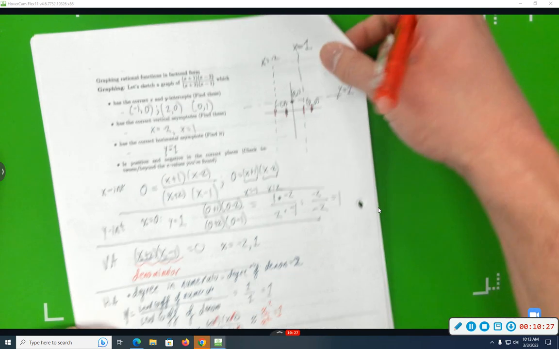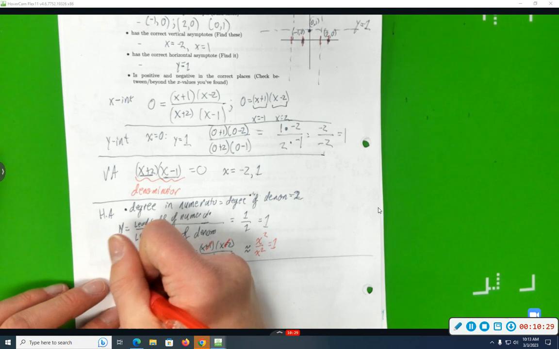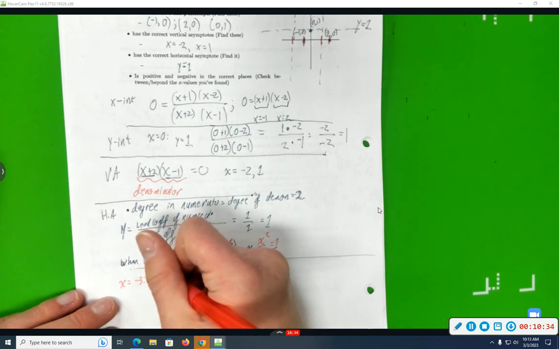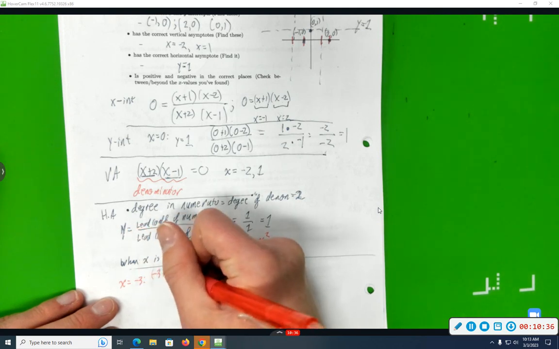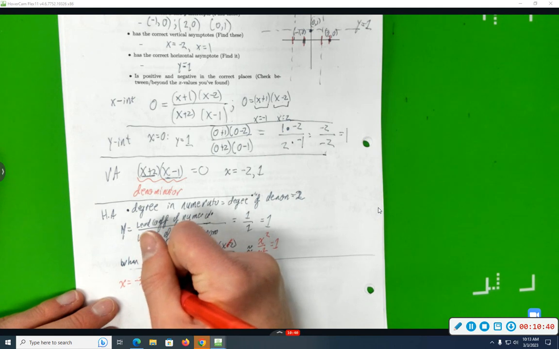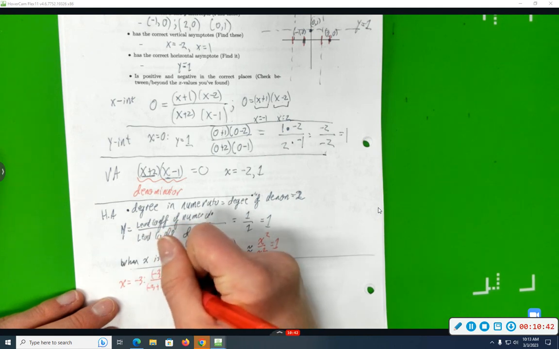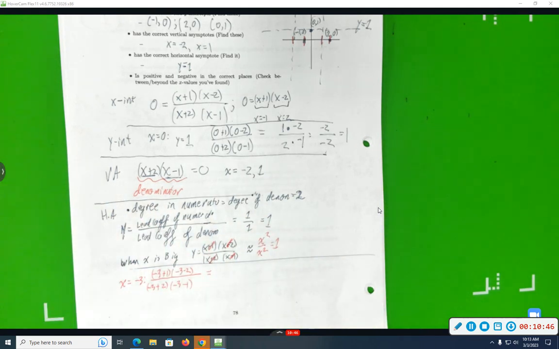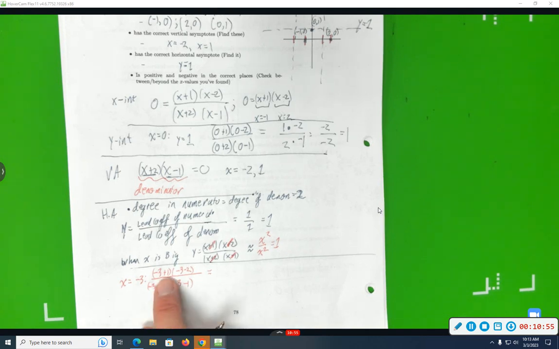So let's test x equals negative 3 and see what we get. Negative 3 plus 1, negative 3 minus 2, negative 3 plus 2, negative 3 minus 1. And I won't try to compute this on the nose because I don't care about its value on the nose. Right now I just care whether it's positive or negative. Negative 3 minus 1, positive or negative?